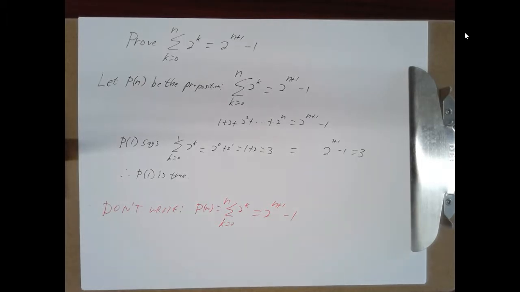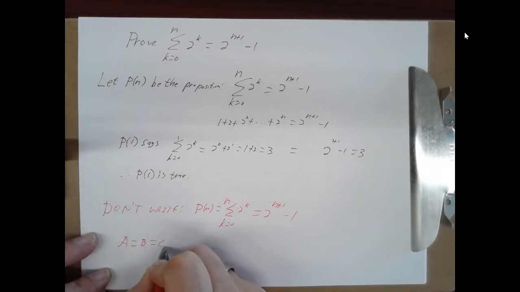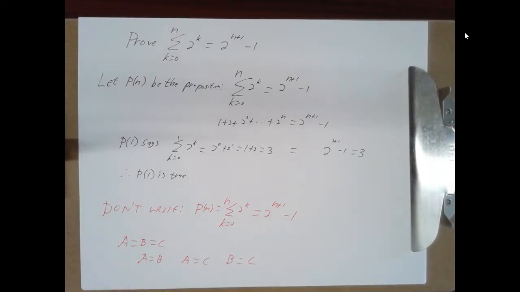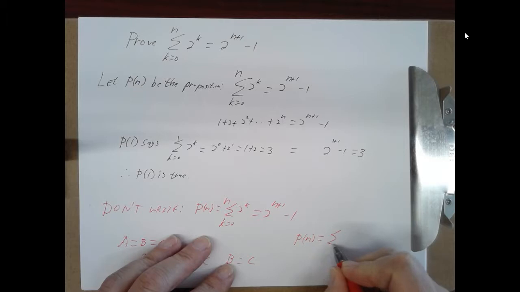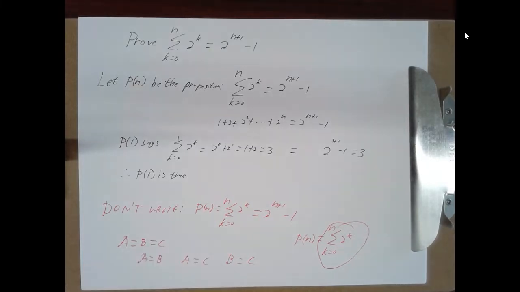Because there's math here, and when we write A equals B equals C, that also tells us A equals B, and it also tells us A equals C, and it tells us B equals C. And as soon as you write this, what you are saying is P of n equals the sum from k equals 0 to n of 2 to the k. And this is not a proposition. It's not a declarative statement.